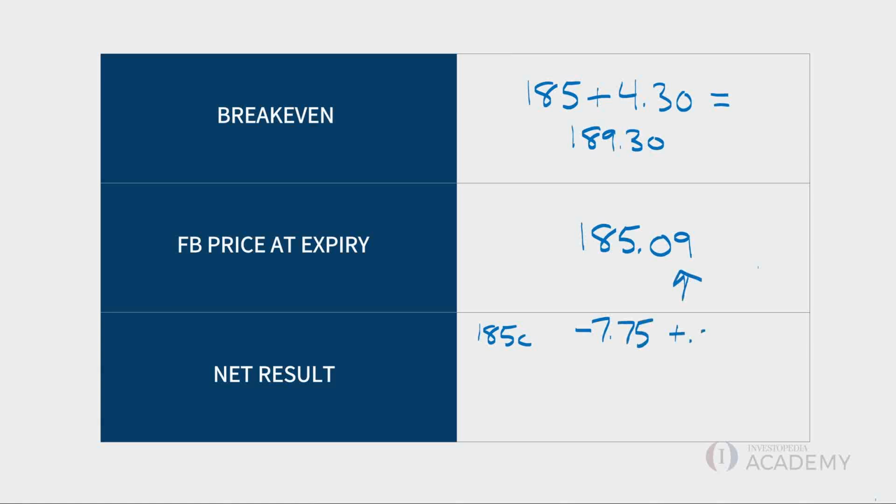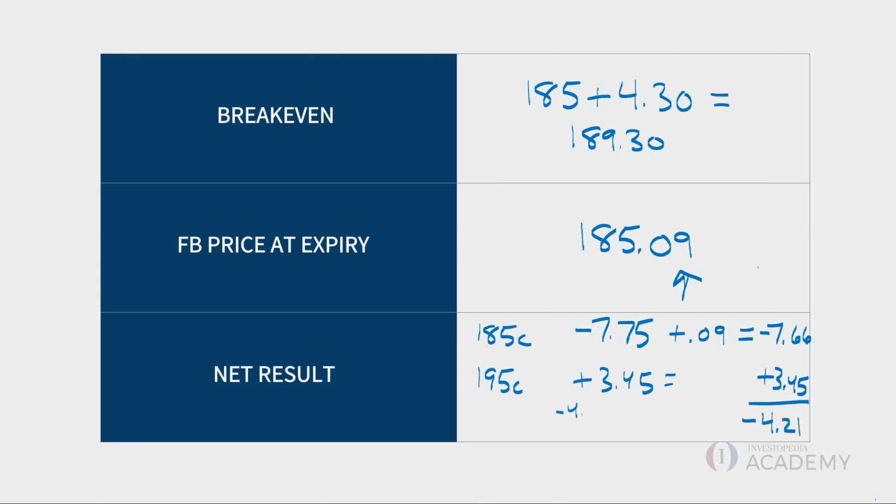So there is 9 cents of intrinsic value in that call. So for this call, we had a loss of $7.66. The 195 call, remember, we sold that for $3.45. That's going to expire worthless, so we're going to keep all of that. We're going to sum these numbers together, and you're going to get a negative 4.21.